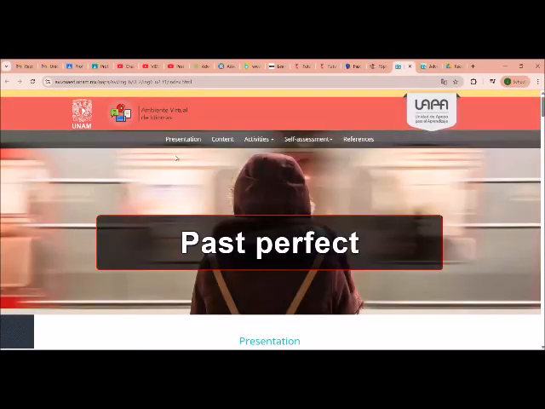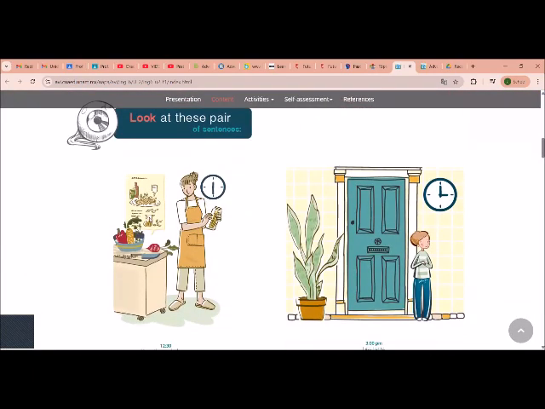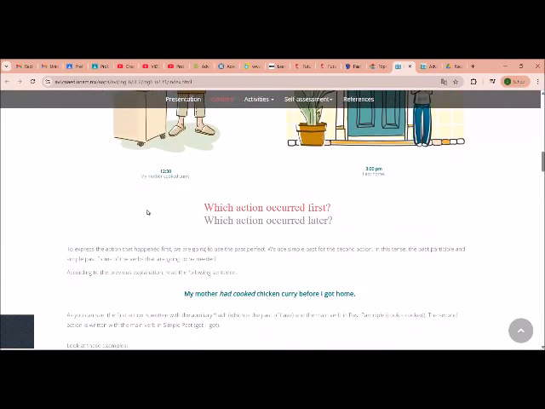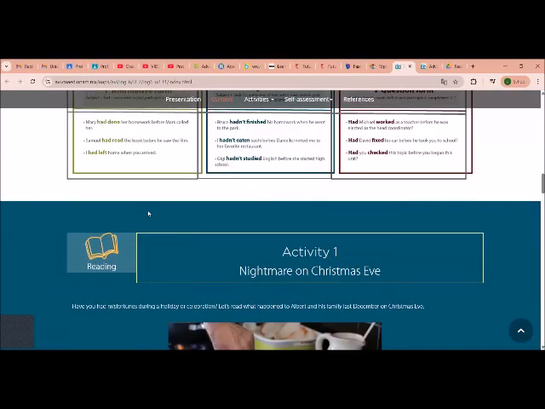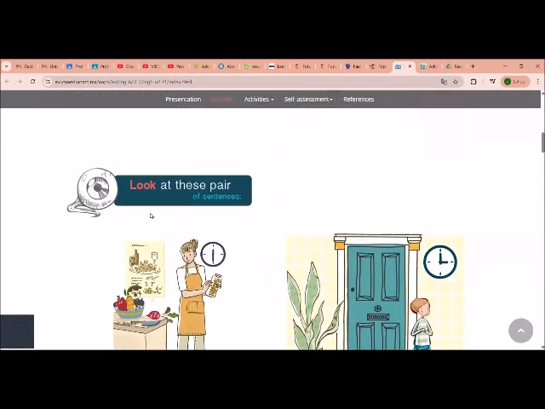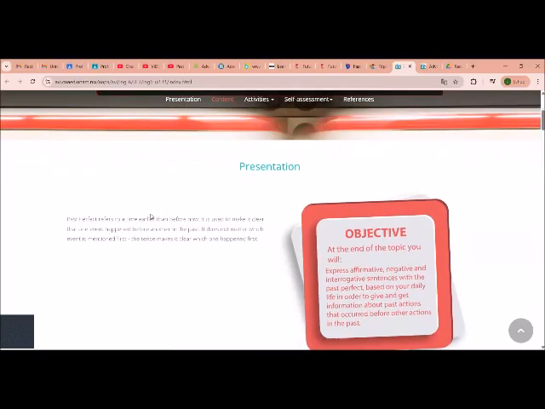In the past perfect, your goal was to be able to look at actions that occurred in the past and that were looking to express the past of the past, something that led to another action, right?